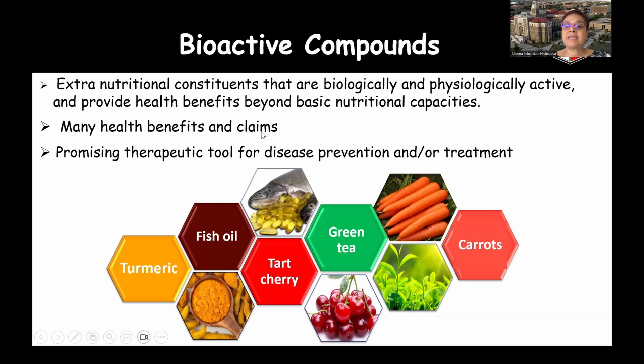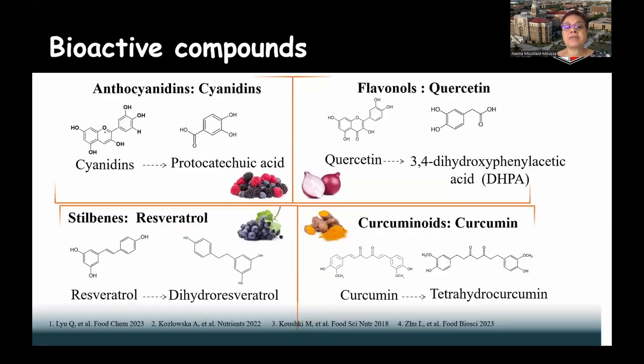Not all are scientifically evidenced through research, but many of them have promising therapeutic roles in diabetes or in disease prevention in general. Our lab has focused primarily on fish oil. We also worked with turmeric or curcumin, and with tart cherry rich in anthocyanins. And we have shown through various mechanisms these can actually reduce obesity and also insulin resistance.